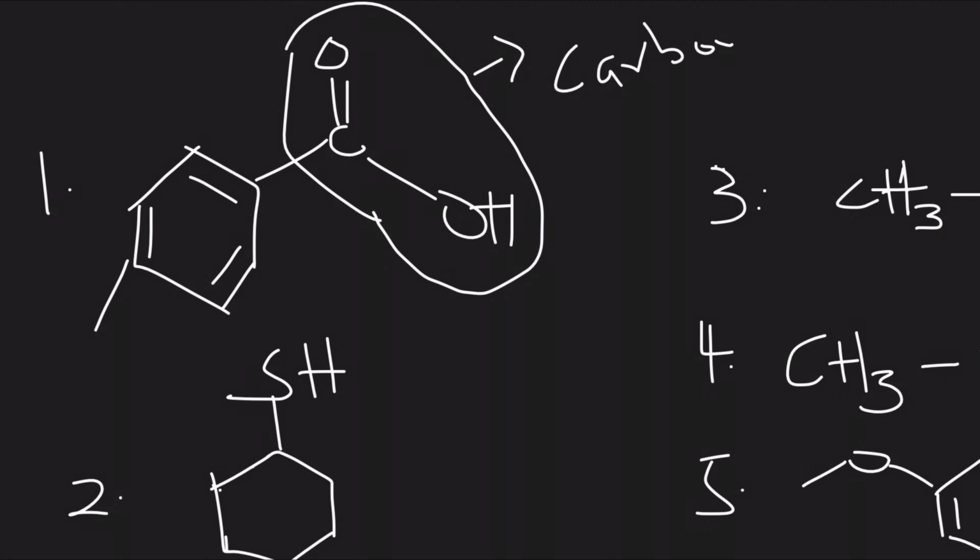Now we also have a benzene ring, which we'll talk about in the future, but it can also be described as an aromatic compound. So just put that at the back of your mind, that this here is benzene.